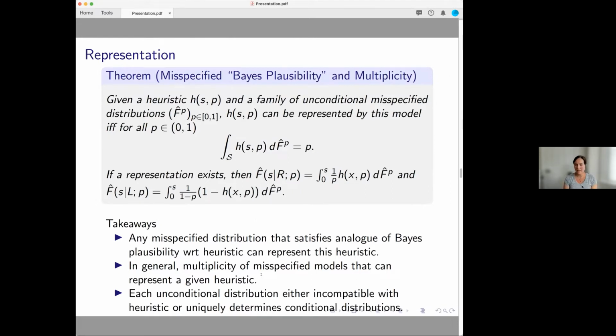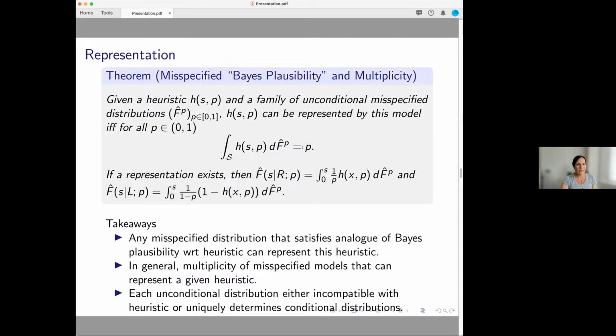Okay, so the next thing we have speaks to the question of what misspecified models can represent a heuristic, and also, do we have to worry about multiplicity? So given a heuristic in a family of unconditional misspecified distributions, where the unconditional misspecified distribution is just the expectation of each conditional misspecified distribution with beliefs, then the heuristic can be represented by this model if for each prior, the expectation of the belief from the heuristic is equal to the prior.